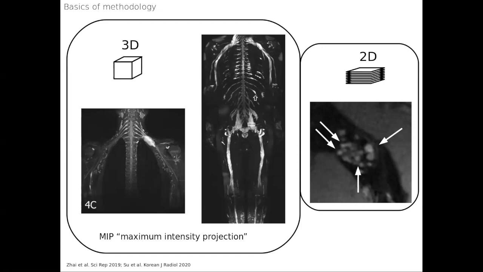However, you don't have the details. If you use 2D sequences, you really can see different nerve fascicle bundles, and also the alterations of single nerve fascicle bundles, quite similarly as you have with high resolution ultrasound.